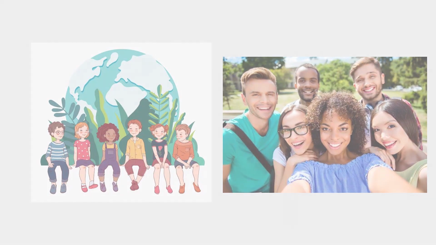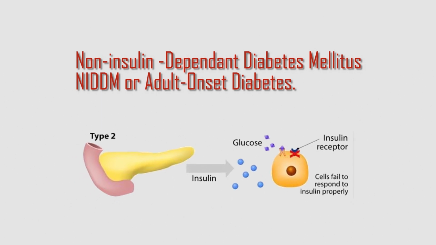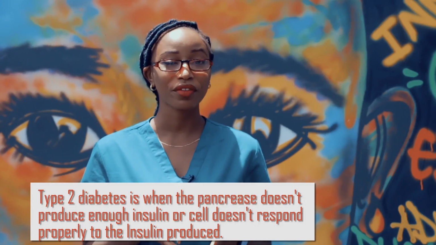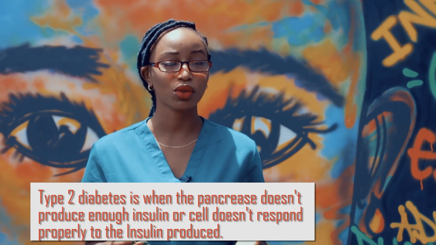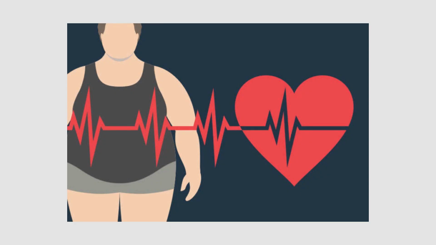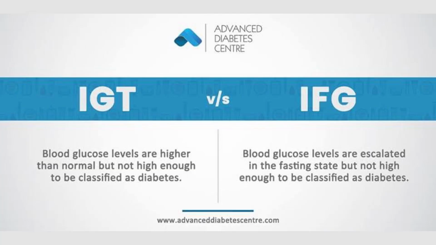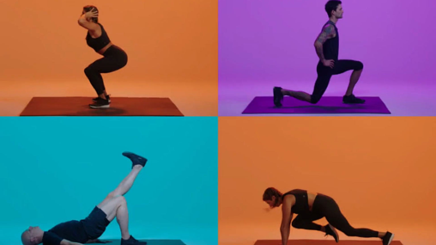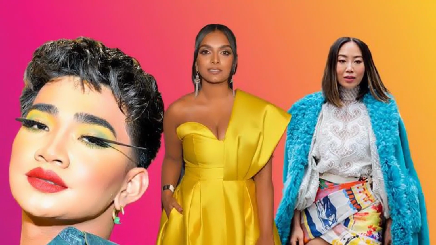So let's talk about type 2 diabetes, which is NIDDM, or adult onset diabetes. It's when the pancreas doesn't produce enough insulin for the body, or the cells don't respond well to the insulin produced. You need to know that type 2 diabetes is usually associated with older age, obesity, family history, prior history of gestational diabetes, impaired glucose tolerance, physical inactivity, and race, which is African American, Hispanic/Latino Americans, American Indians, and some Asian Americans.